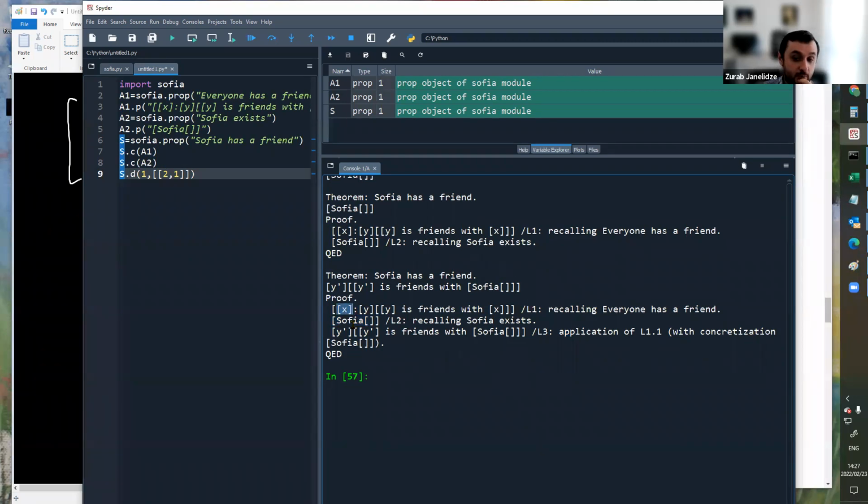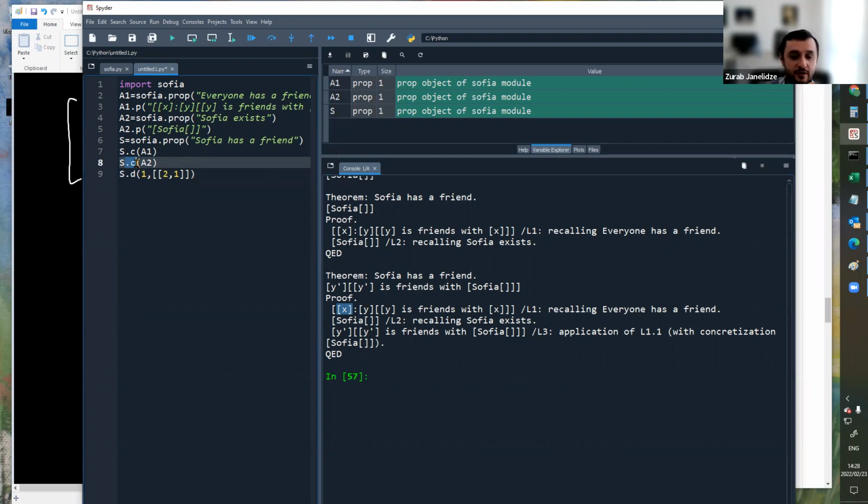So the deduction rule we will use here is the one we are already familiar with, the .d rule, where D stands for deduce. And by the way, C stands for recall, but I didn't want to use R because R is reserved for something else.